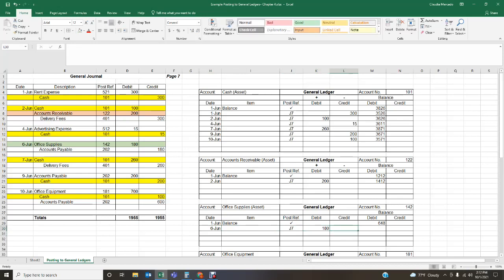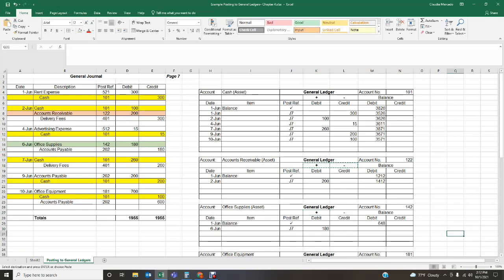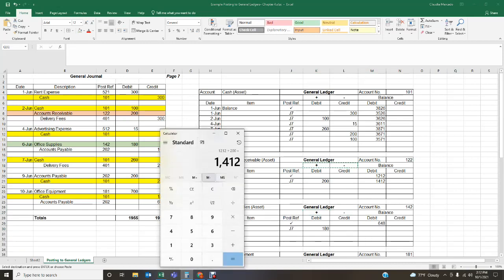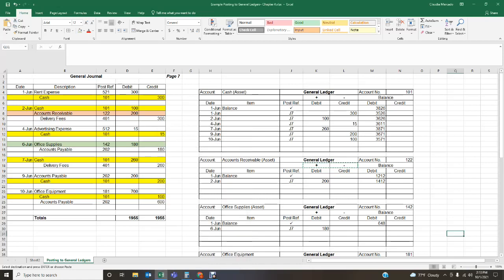Because it is an asset account, the debit increases, a credit decreases. So we're going to get our ending balance, which is $648, and I'm going to add the $180. And that's going to give me $828. So what am I doing?